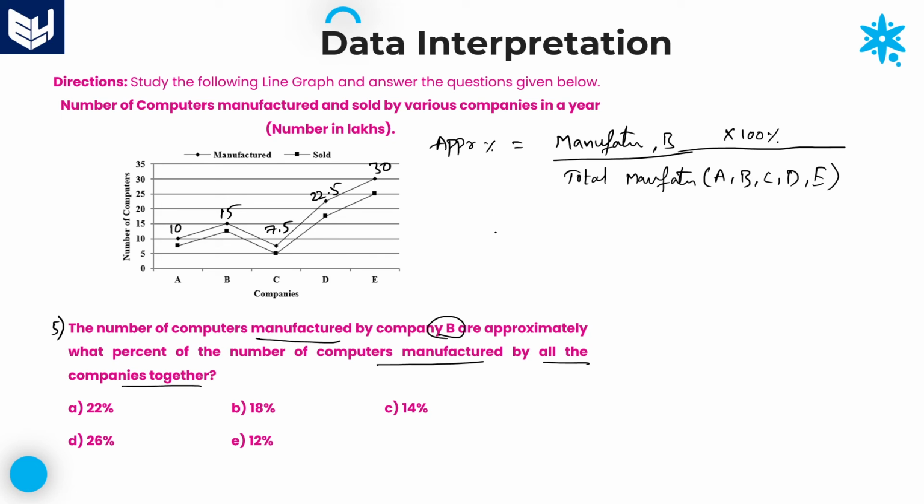All the values are in lakhs, so it is not required to write them in terms of lakhs. Why? Because in the denominator also you will have lakhs only.